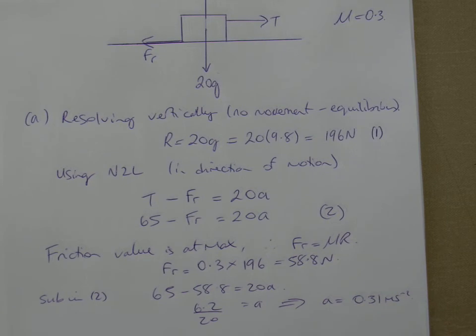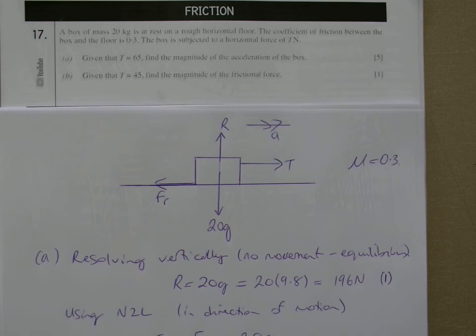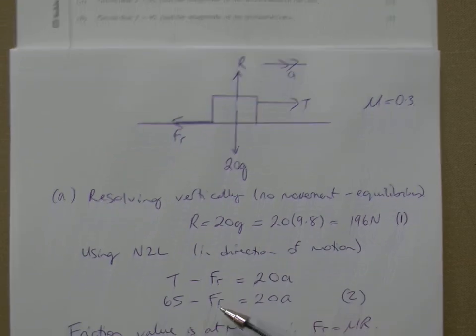Part B then. In part B it says, given that T is 45, find the magnitude of the frictional force. Well, if T was 45, we need to consider the actual frictional force.